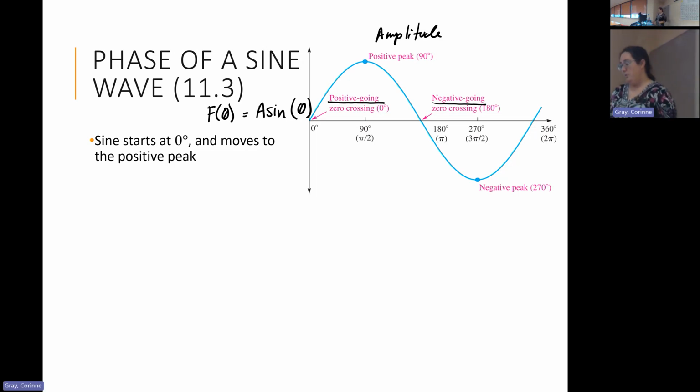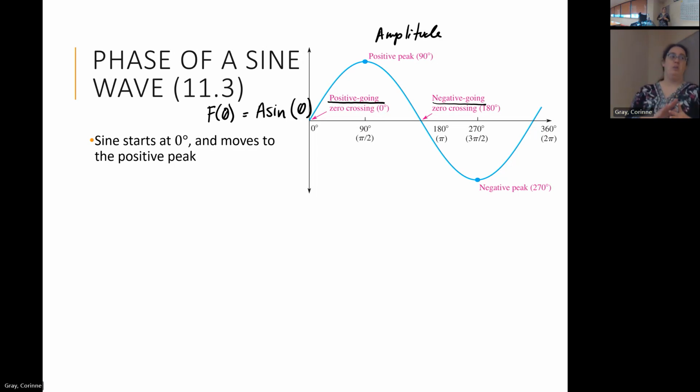In this textbook, sometimes you'll have to create your sine function. If it says positive going, that means you're in that first 0 to 90 degrees part. And if you see negative going, you're typically in the 180 to 270 degrees portion. That's typically how it's represented.